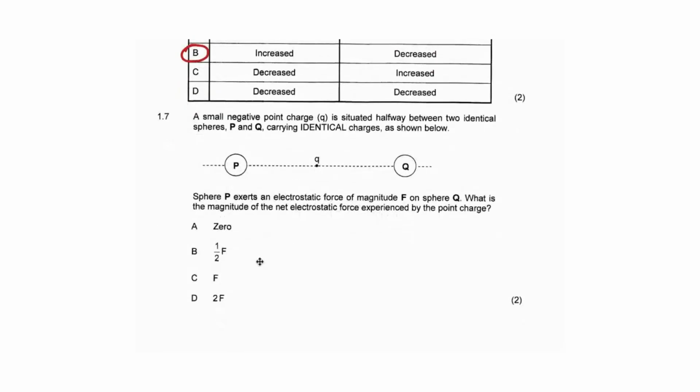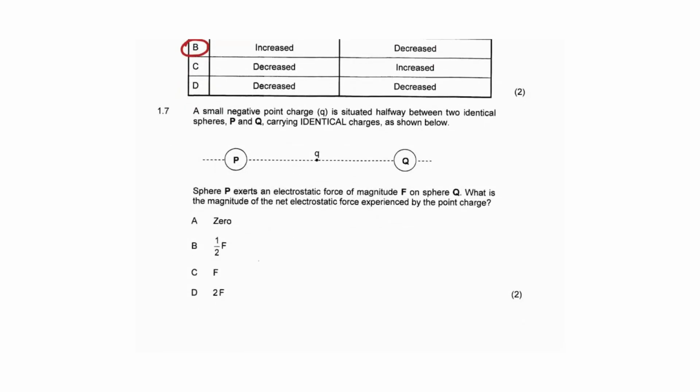Question 1.7. A small negative point charge Q is situated halfway between two identical spheres P and Q. So I'm also highlighting identical. Carrying identical charges as shown below.